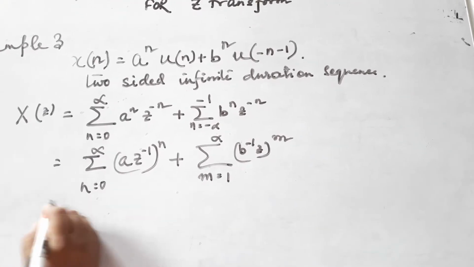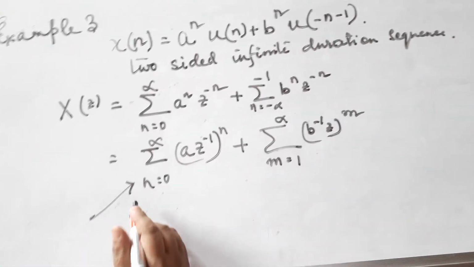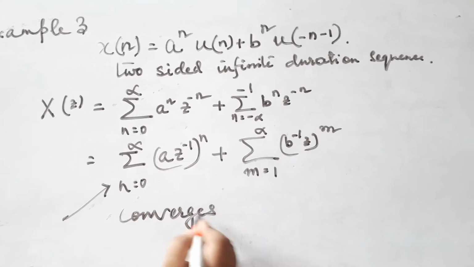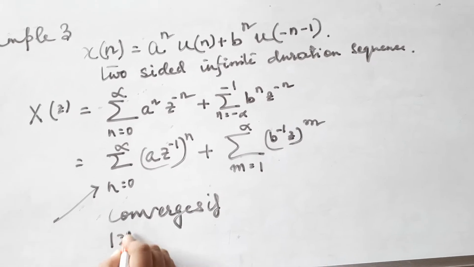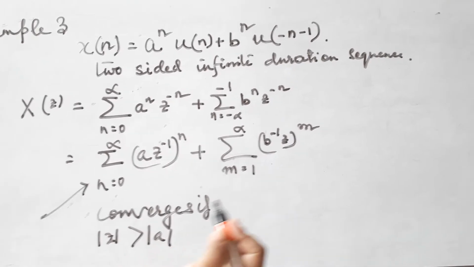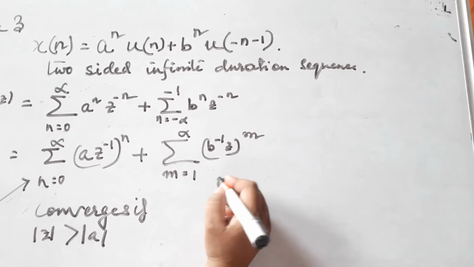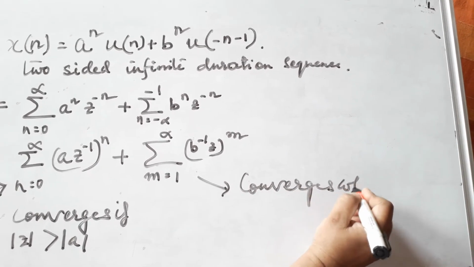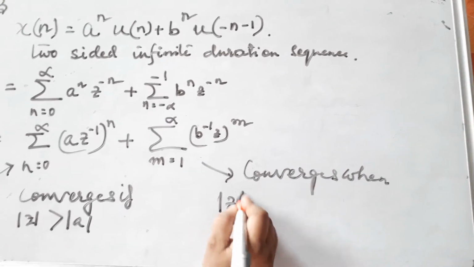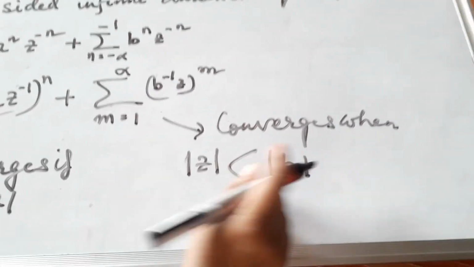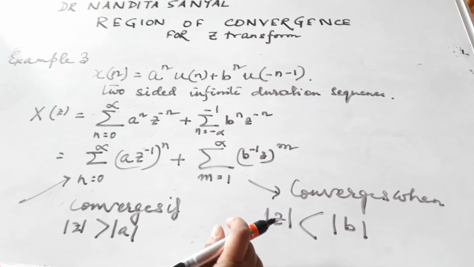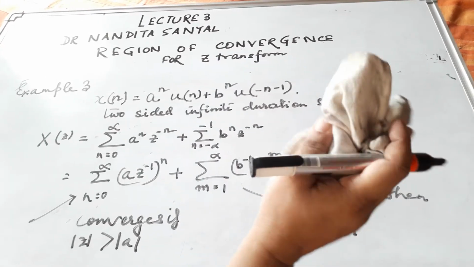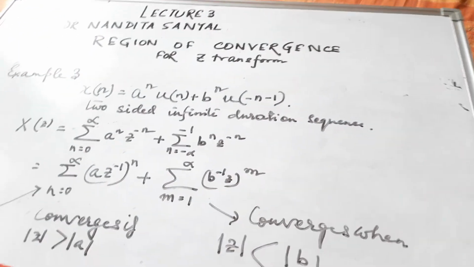The first sum converges if mod z is greater than mod a, and the second sum converges when mod z is less than mod b. So do you understand all this? I hope you are understanding.